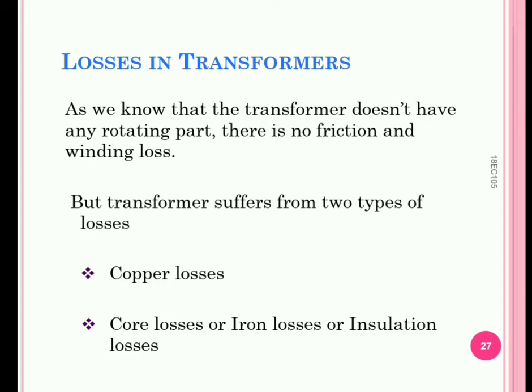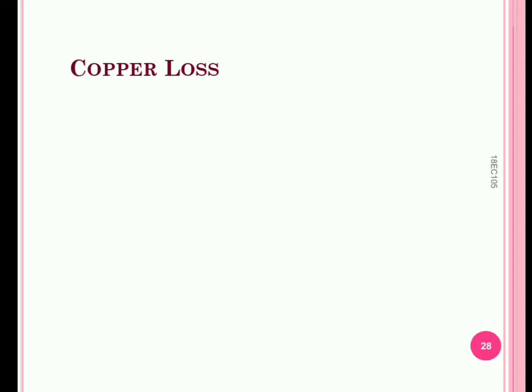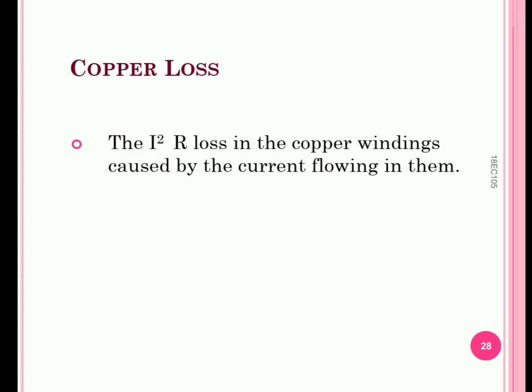Copper losses arise in the windings of the primary as well as the secondary, because we use very fine drawn copper wire which is enameled, or rather insulated.